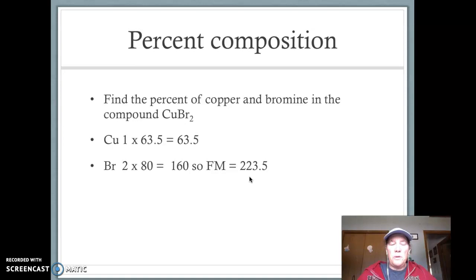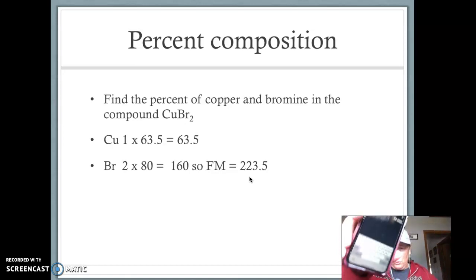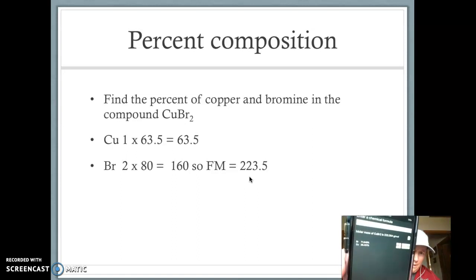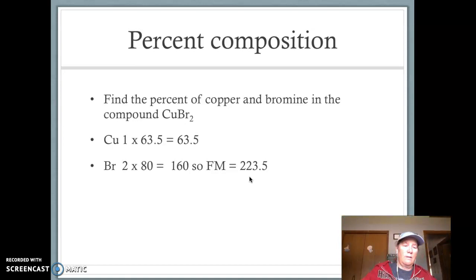So 223.5 is fine, or if you want to use what exactly comes up in your phone, that's fine too. It's not a problem. And again, I'll try to find it for you. See, I typed it in there. I don't know if you can see that or not, but I typed in the chemical formula and then I got the mass.